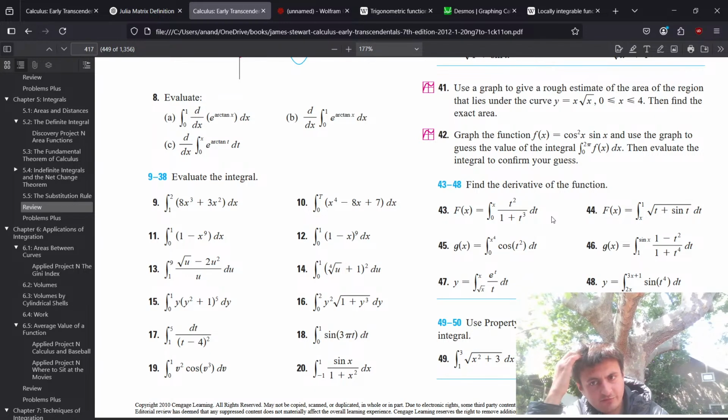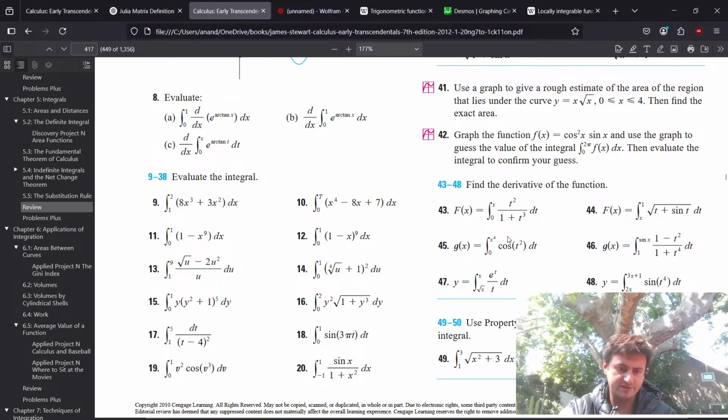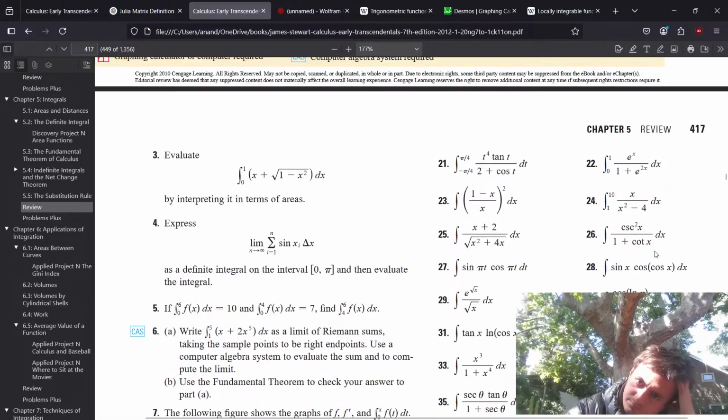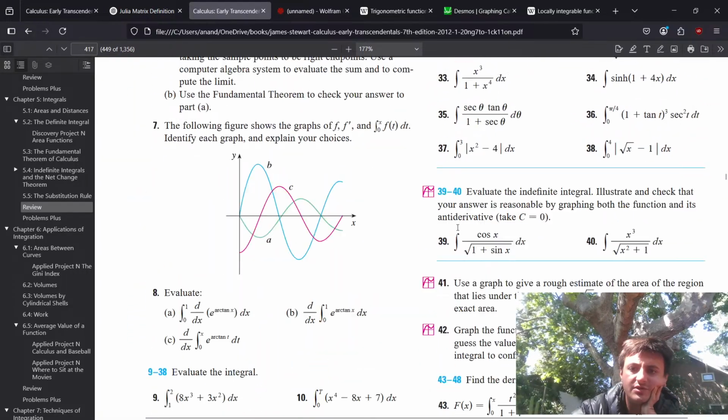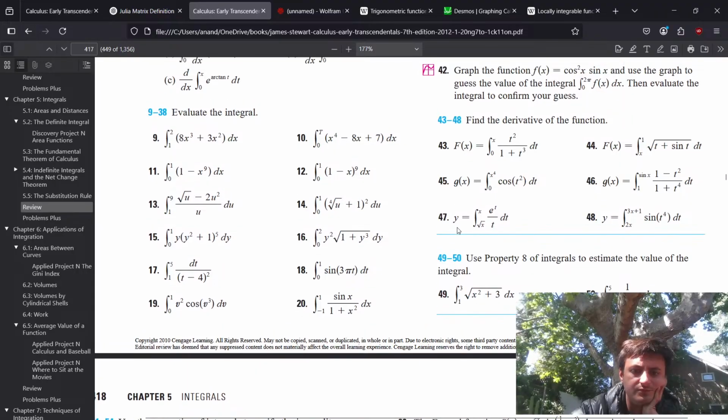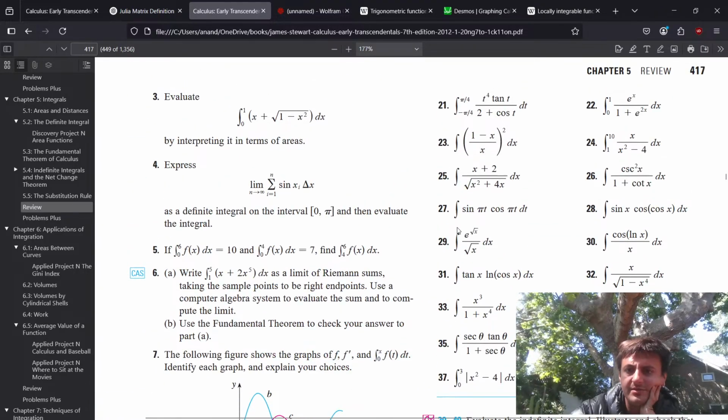All right, we're gonna do 43 through 48, but then we're gonna try to get to chapter 7 where it has all the tricks, like integration by parts. Oh, some of these are indefinite. Or we'll do the indefinite ones of these maybe.